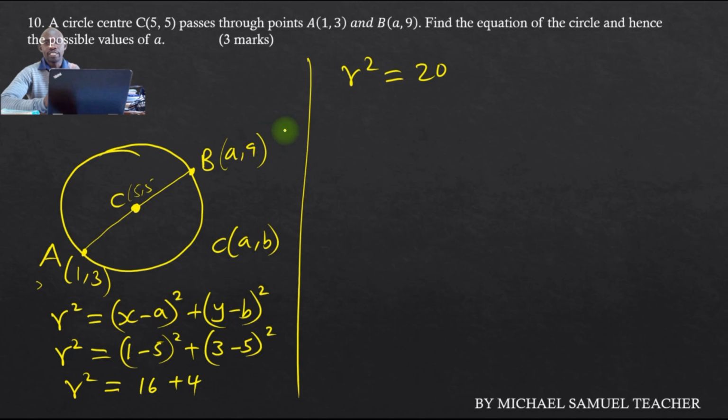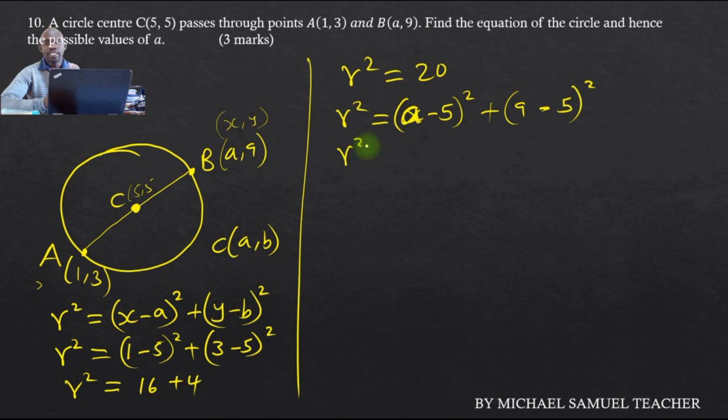For B and C, also using the general equation, we'll apply r squared is equal to, for now we take it as x and y, so (x minus 5) squared, but our x here is a, so (a minus 5) squared, then plus (y minus 5) squared, and in our case y is 9, so (9 minus 5) squared.